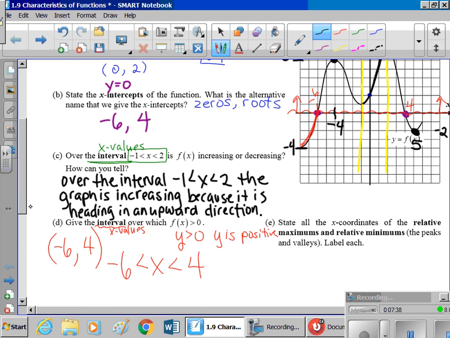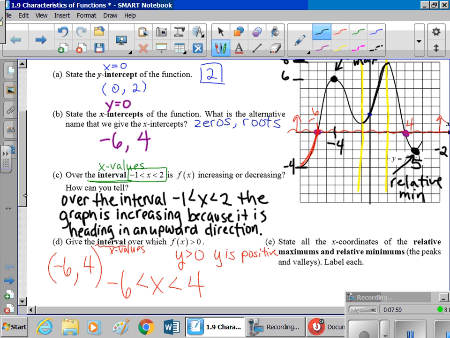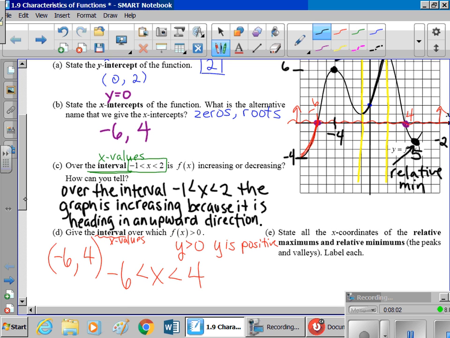And it says to label them, so let's label it. This is going to be a relative maximum, and this is going to be a relative minimum. So what are the x values we said? 6 and negative 2?